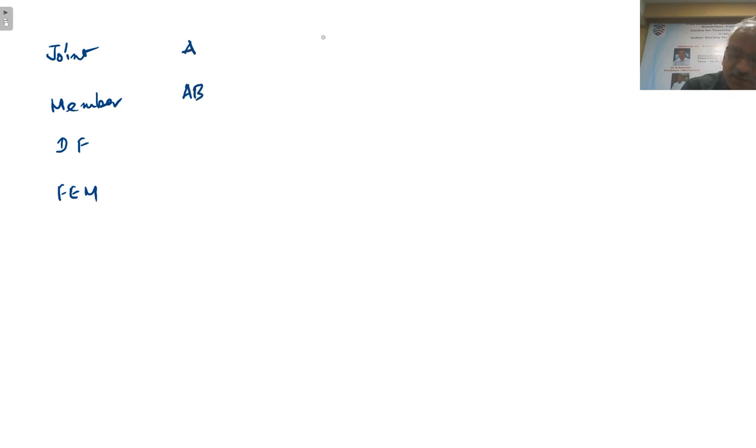Then joint B we have got BA. So you have to write the terms such that AB and BA come together. Right. Next is the column BD, that will be written in between. Then next is the member BC, so that BC and CB will be together. Now C you got only one member CB, and D you got one member DB.